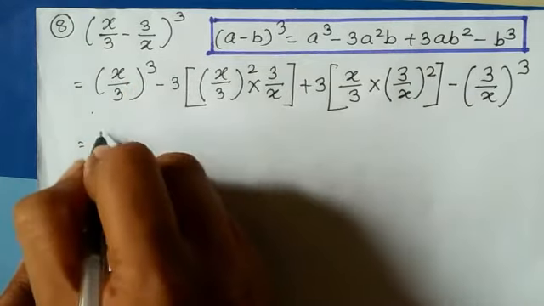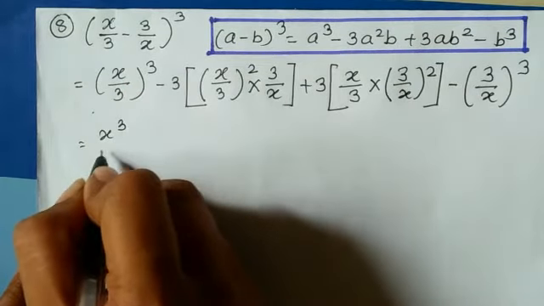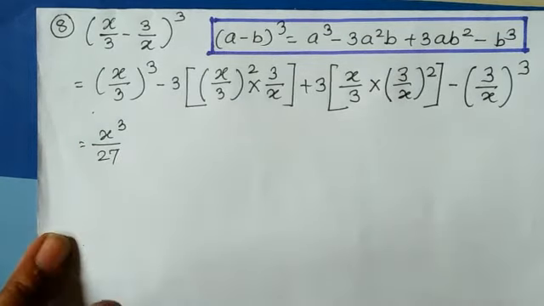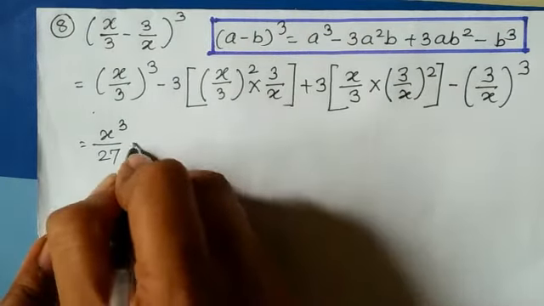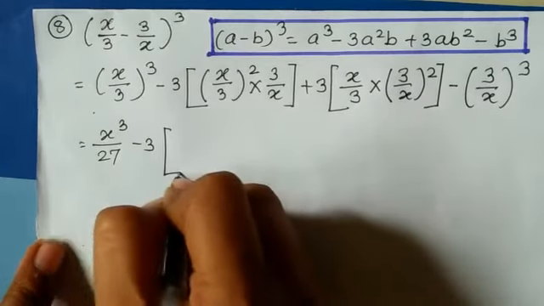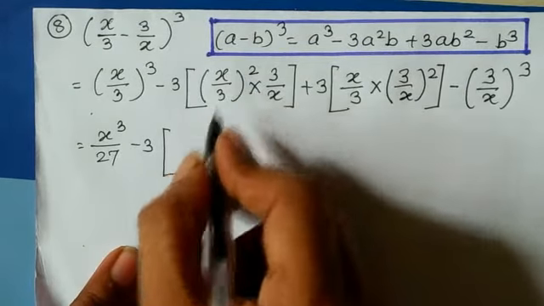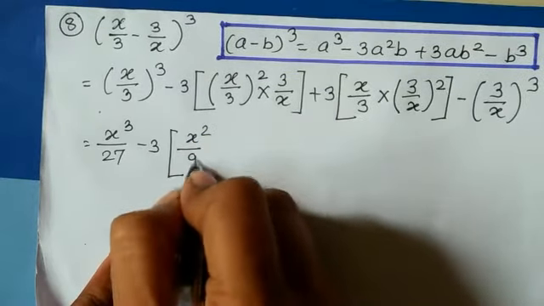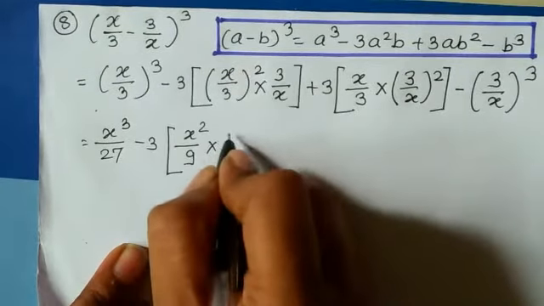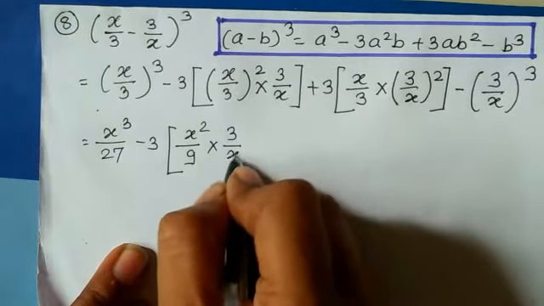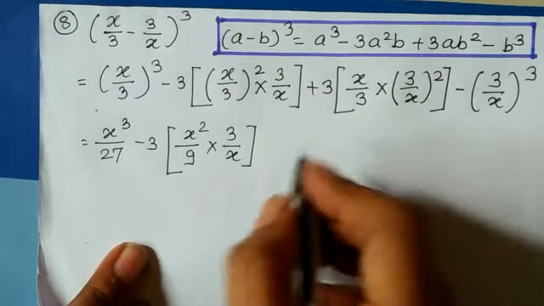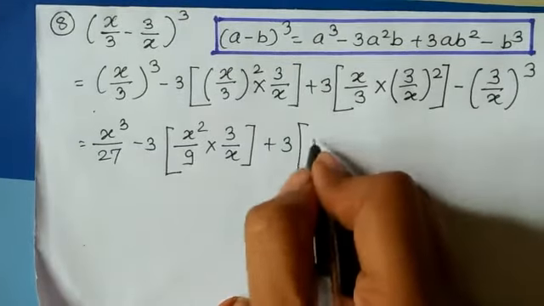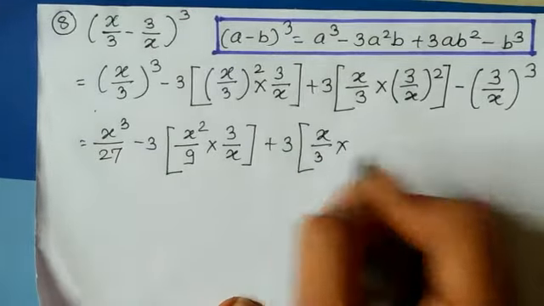The cube of x will be x raised to 3 and the cube of 3 will be 27. Clear, students? Minus 3 into bracket. Make the square of this term, x square upon the square of 3, 9, multiplied with 3 upon x, bracket complete, plus 3 into bracket x upon 3 will be as it is.